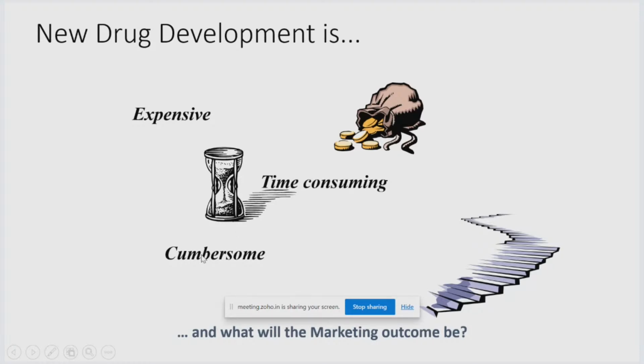Now I will break down the steps of drug discovery very briefly: how the journey of a new drug comes into the picture. What the scientists do is decide, okay, this is the disease we want to work on. That may be because of that organization's strength.